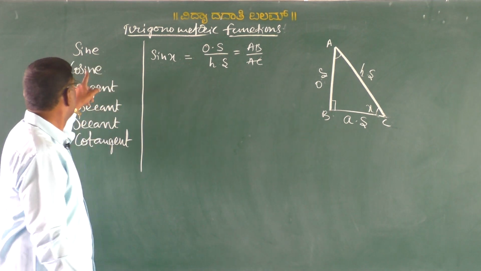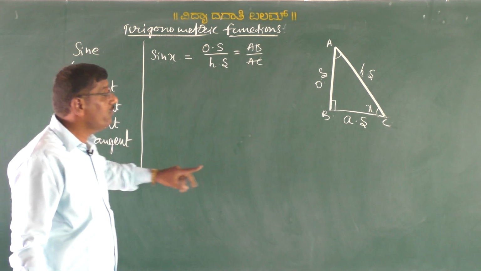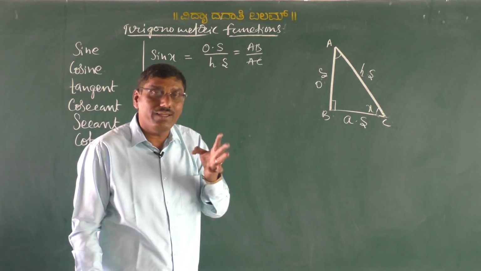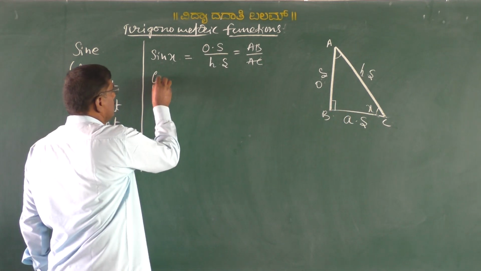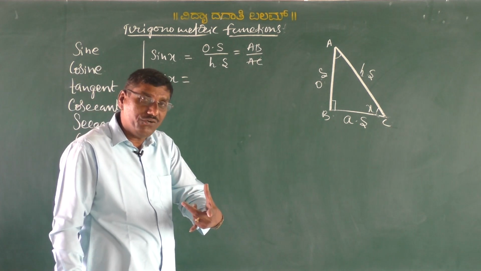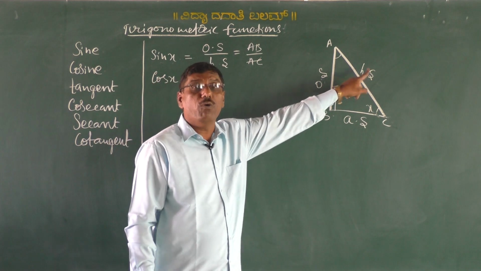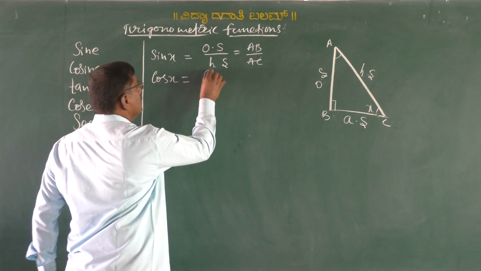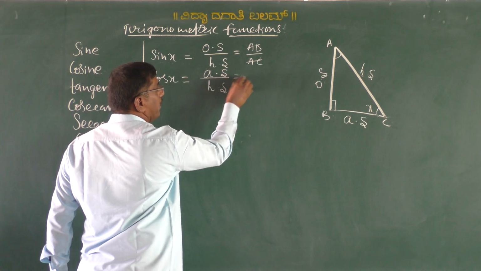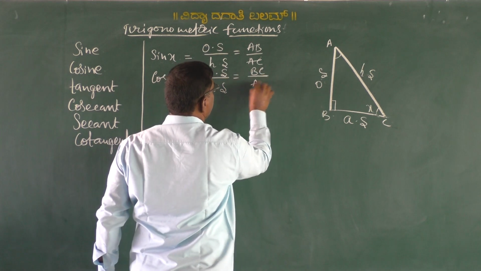Now, the second one. Cosine of an acute angle x can be written as cos x and defined as adjacent side divided by hypotenuse side, that is BC divided by AC.